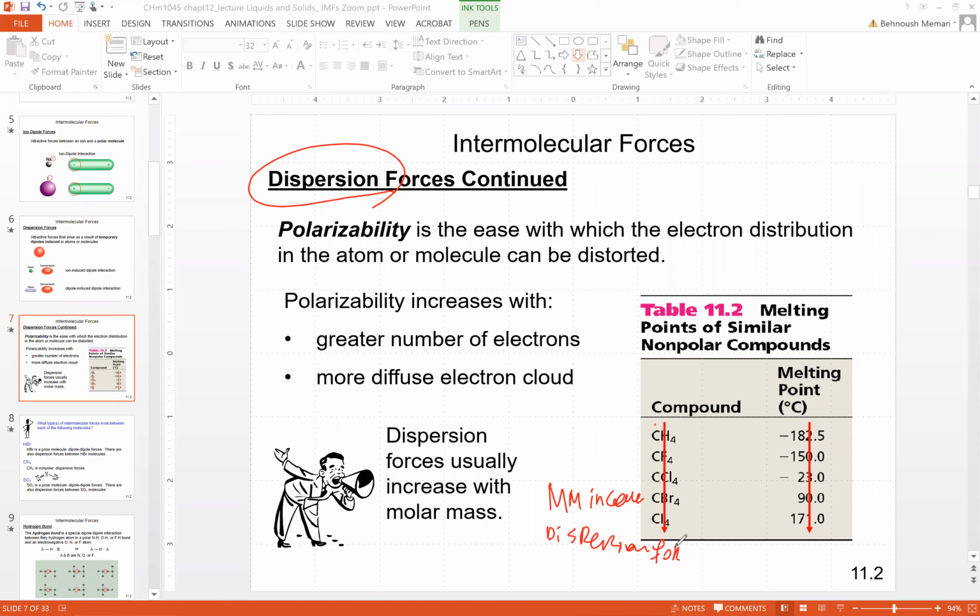This is the cause and this is the effect: molar mass is increasing, dispersion forces increasing. As a result, the boiling point would increase.